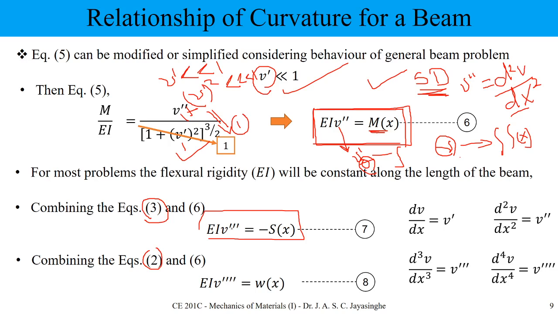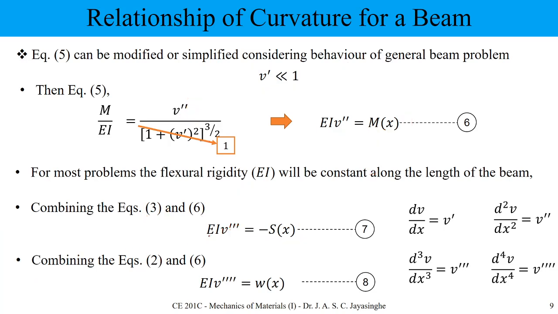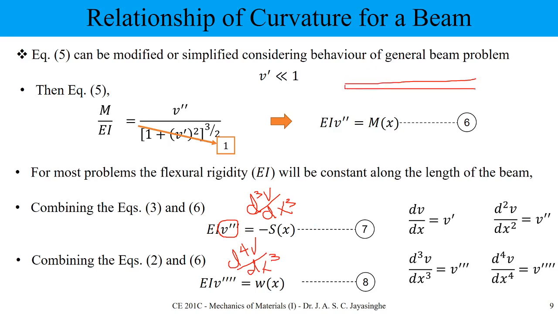This is a third order derivative, v triple prime, the third derivative with respect to x, and this is a fourth derivative. So simply, if you need to find the deflection of your target beam arrangement, you can start from this equation.